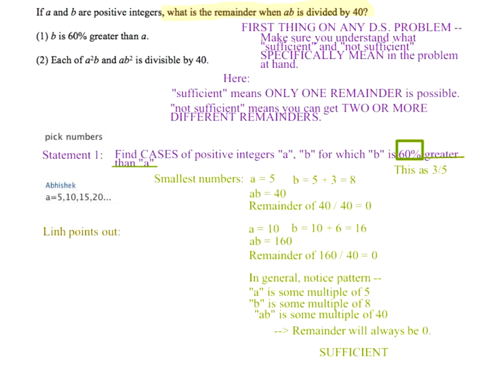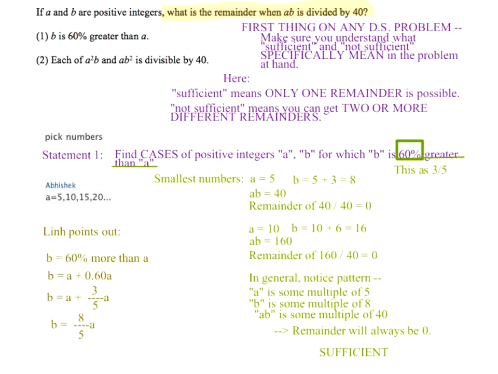B is 60% more than A, which means B is A plus 60% of A. In terms of fractions, that's A plus 3/5 A. The point being, make sure you're okay with converting these fractions. So B is 8/5 A. That's a useful observation if you're going to take an algebra type of approach, which we'll look at in a sec.